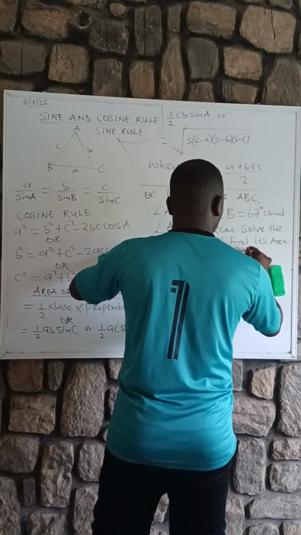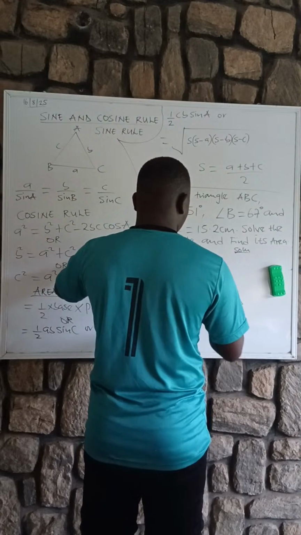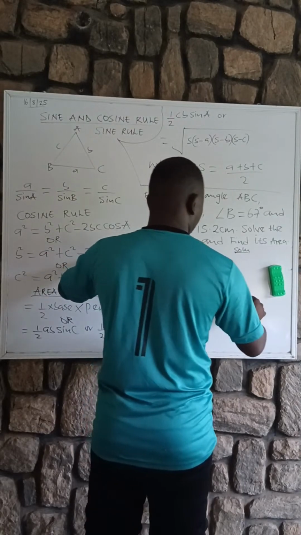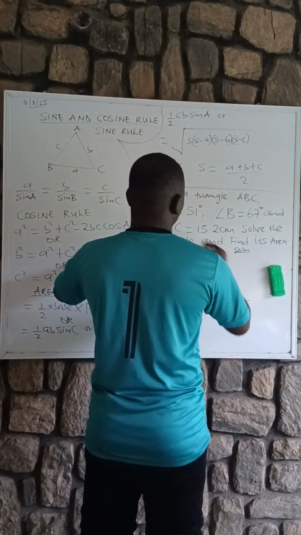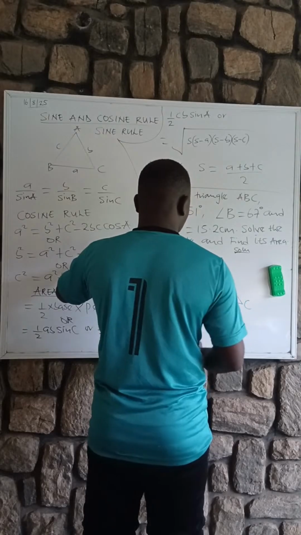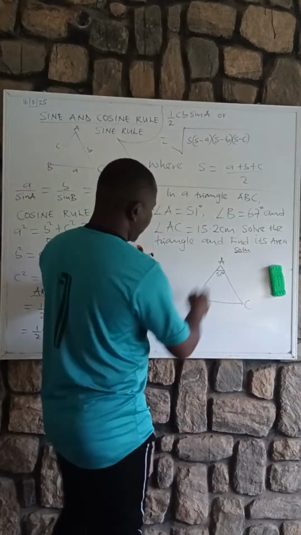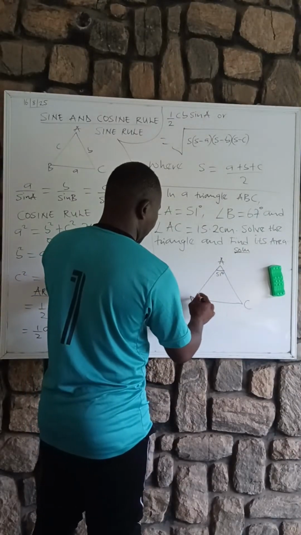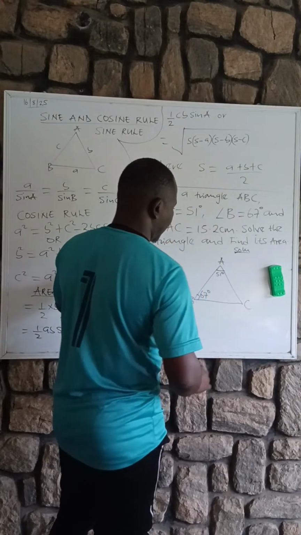Let me just say solution. This is A, this is B, this is C. So angle A is 51 degrees, and angle B is 67 degrees, right?